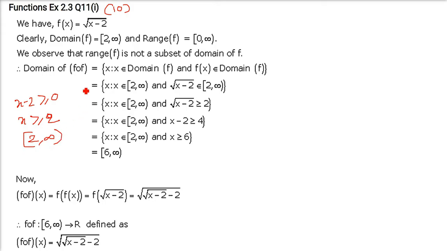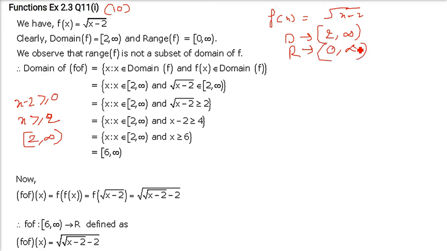So 2 to infinity is the domain of f of x. What about the range? As I said, all the positive values, so you will take 0 to infinity. Okay, domain and range we have found out.